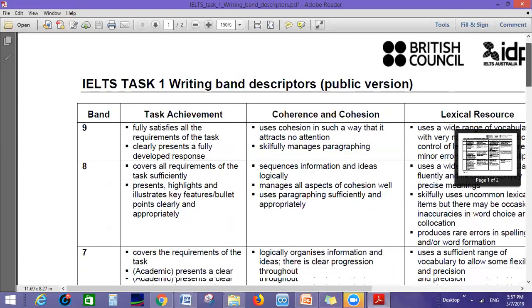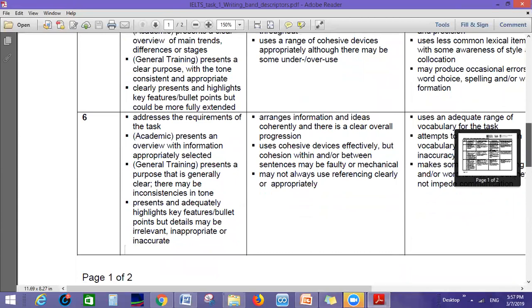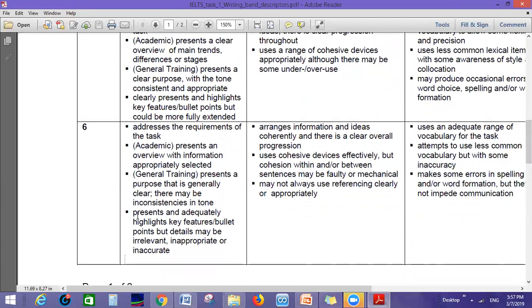So, I tell people to be careful. Presents and adequately highlights key features. Okay, but details may be irrelevant, possibly. Addresses. Minor stages. Okay.